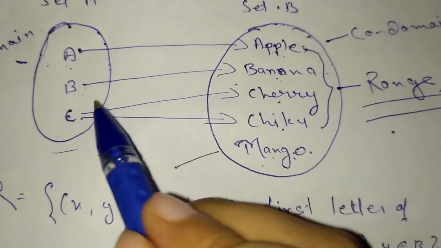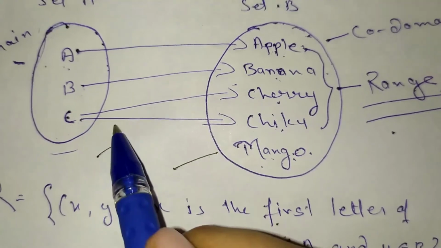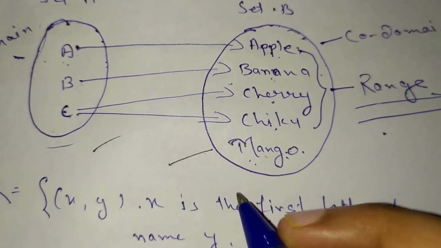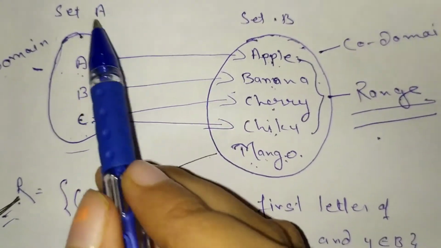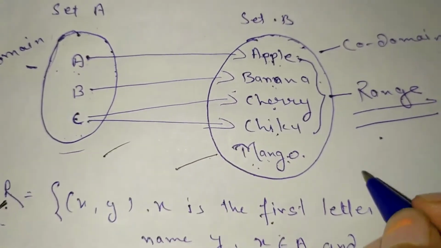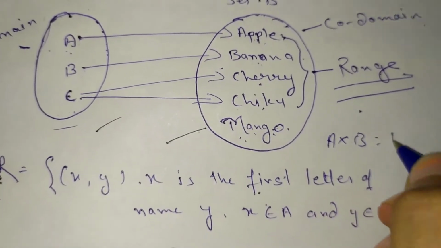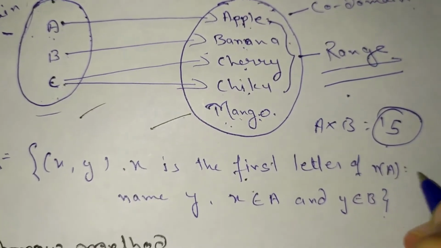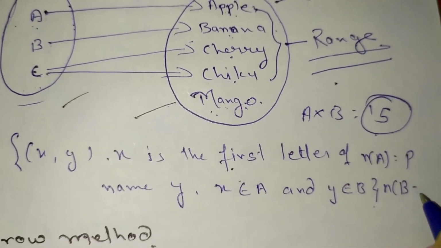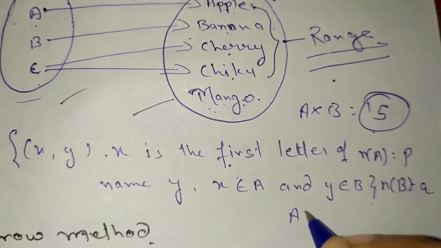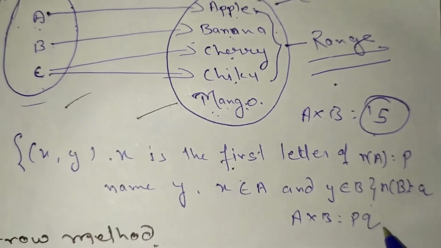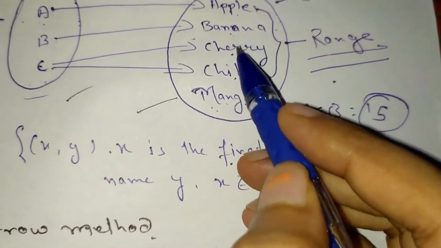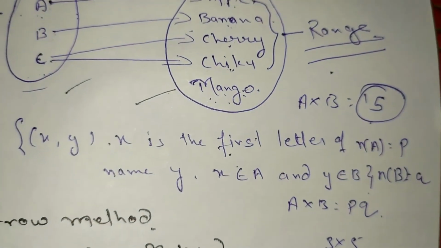And similarly, c-apple, c-banana, c-cherry, c-chiku, c-mango. So the total Cartesian product that we can make with elements of set A and set B will be A into B equal to 15, as we have learned that if the number of elements in set A is equal to p and in set B is equal to q, then the Cartesian product A into B will be p into q, that is 3 into 5, that is 15.